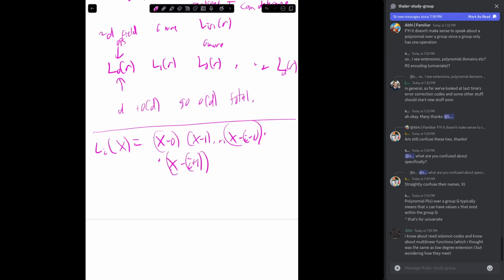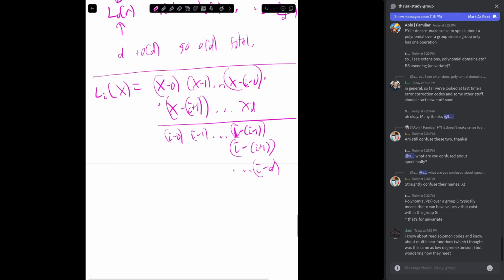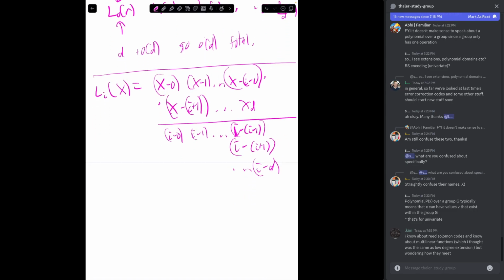So we skip over killing i, but then you go up to D, over (i - 0), (i - 1), ..., well, (i - (i-1)), which is just 1, (i - (i+1)), which is just minus 1, up to (i - D). Okay, so that's the ith Lagrange basis polynomial.